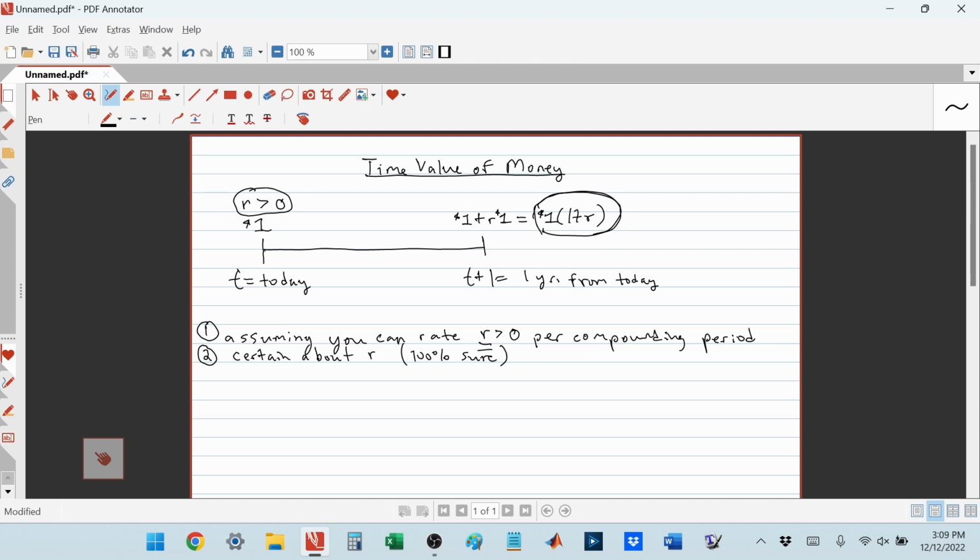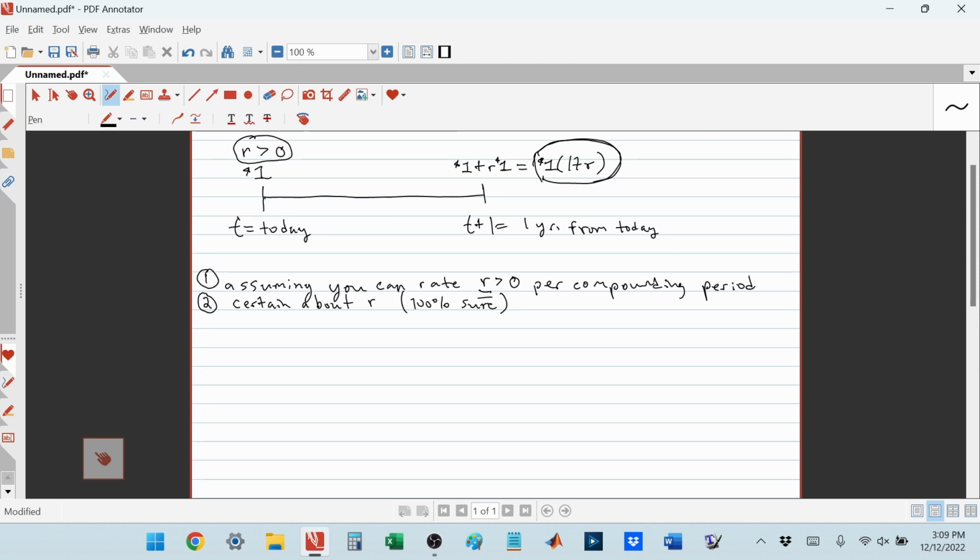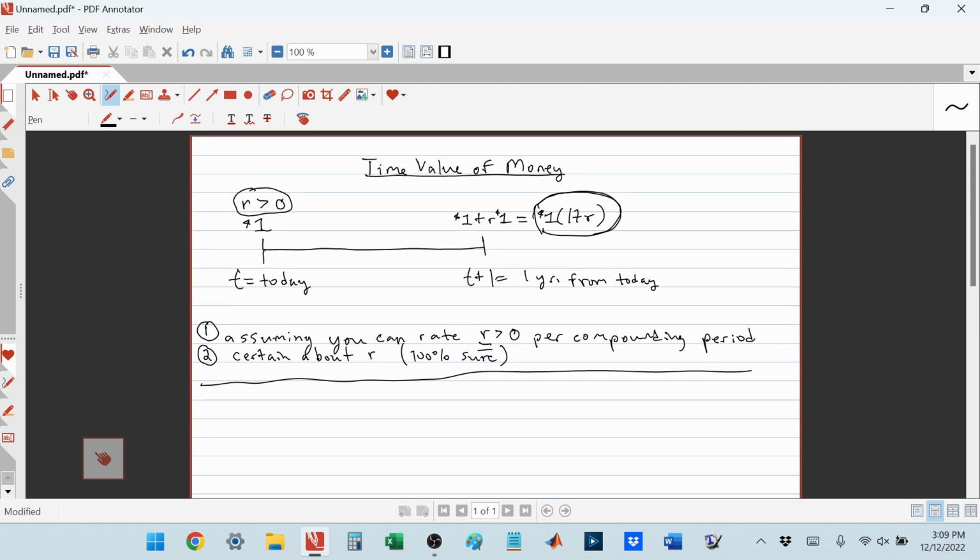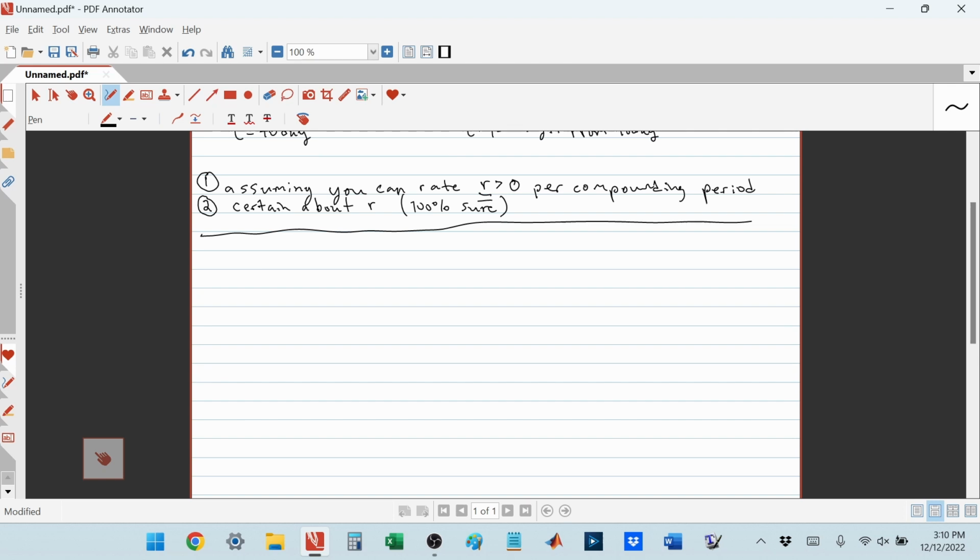And assuming those two assumptions, there are 6 equations that we can work through. And they are the fundamental equations and all time value of money concepts you can think about using one or multiple of these 6 equations. So the first equation, we're going to compute the future value of a single amount.